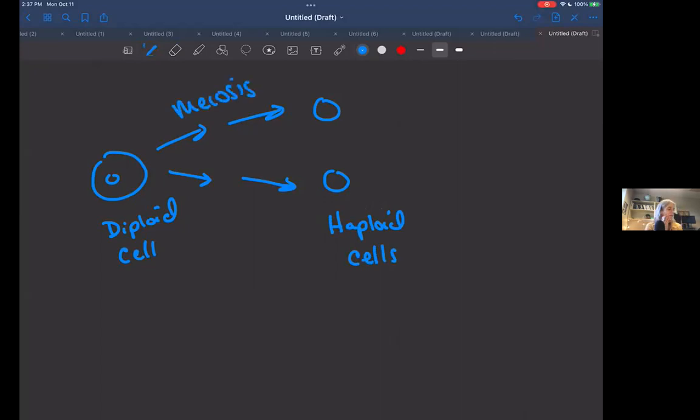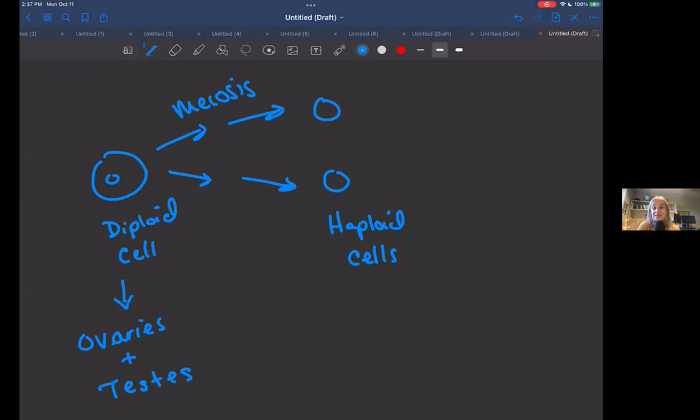And what is really cool about this is that when you're an embryo, your body decides which of these diploid cells get to have the potential for being passed on to the next generation, and it puts those cells aside. And so where are they located? They are located in the ovaries and the testes. So this is the only place where meiosis takes place.